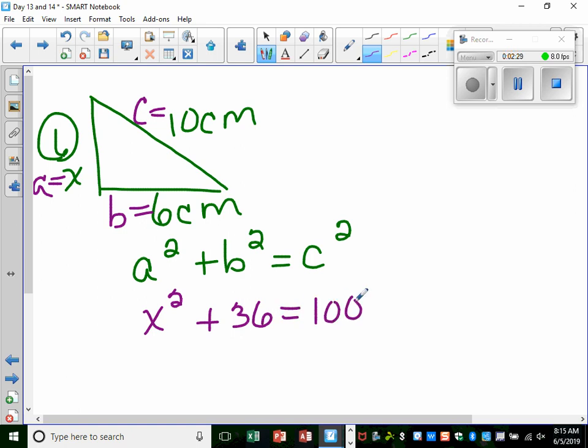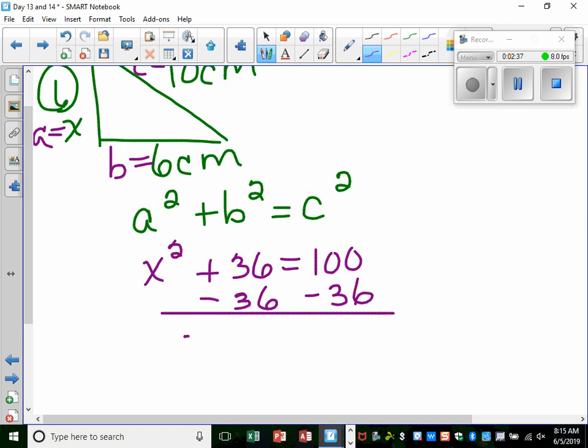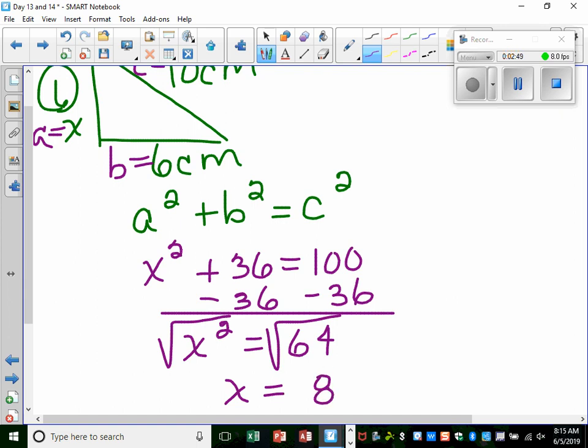So this is going to come out to be subtract 36. And what is 100 minus 36? All right, 64. And then to undo the squared, you take the square root. So x equals what? 8, and this was in centimeters.